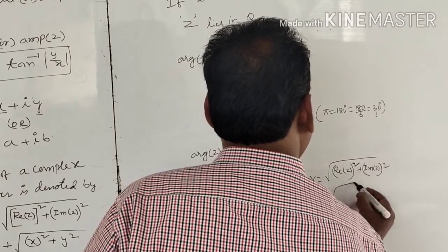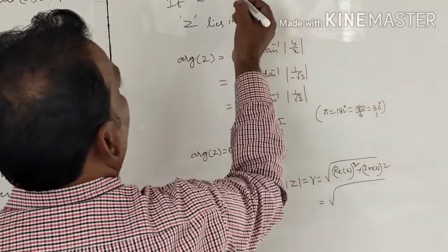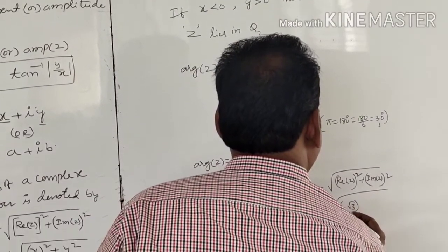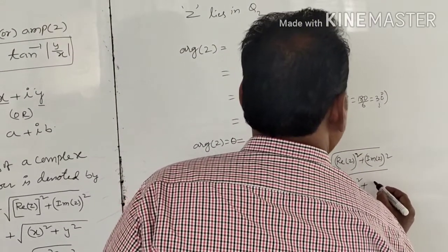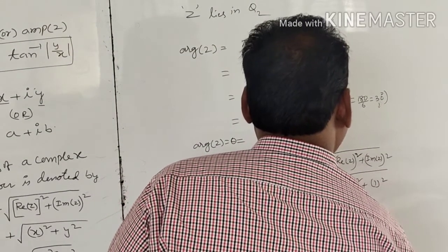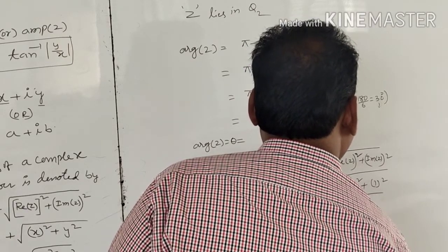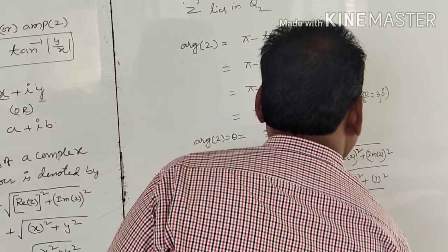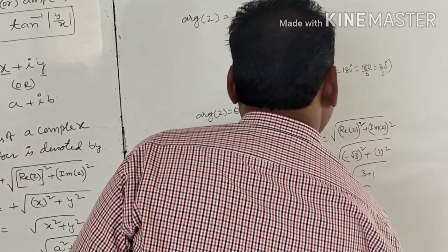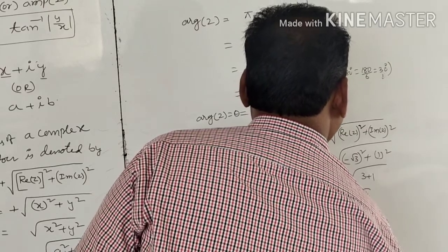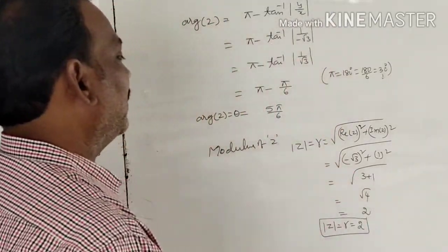So what is meant by real part in this problem? x value is real part. So minus root 3 the whole square plus 1 the whole square. You will get root over 3 plus 1, root 4 which is equal to 2. It is taken as mod z or r is equal to 2, which is the modulus of a complex number.